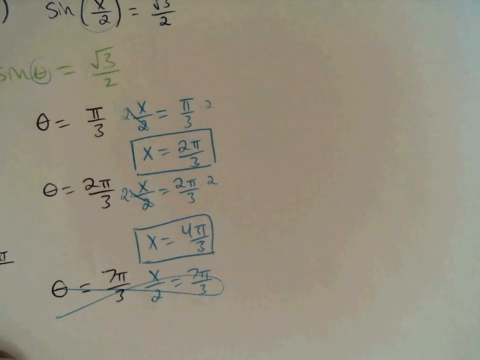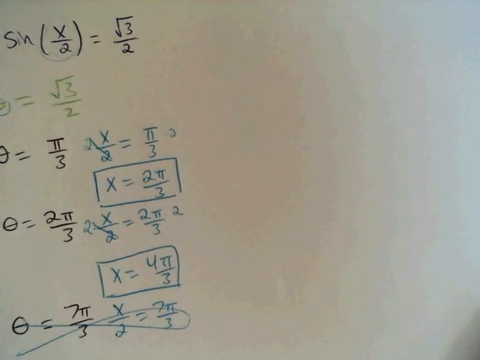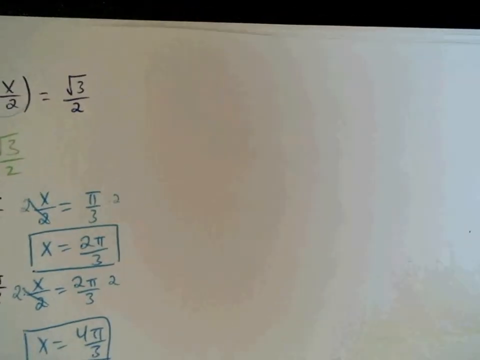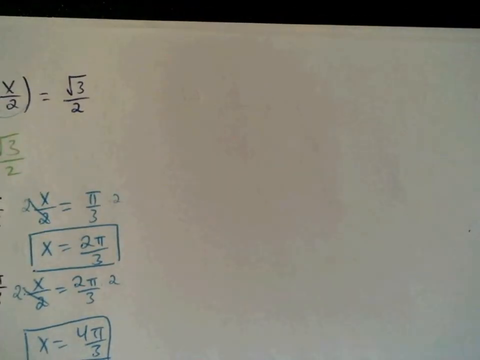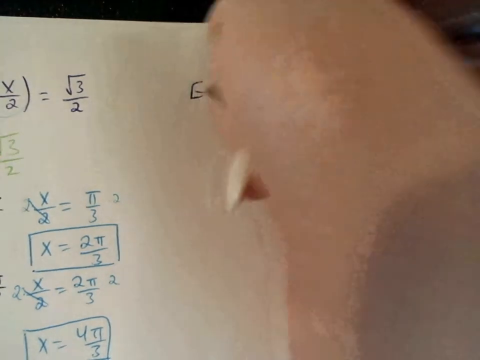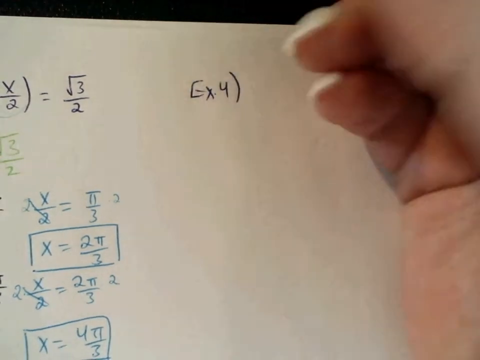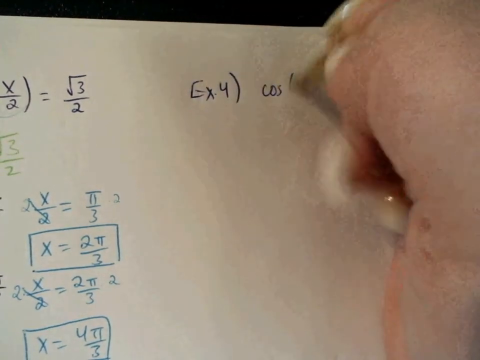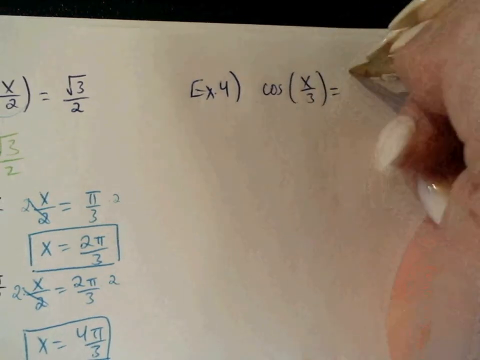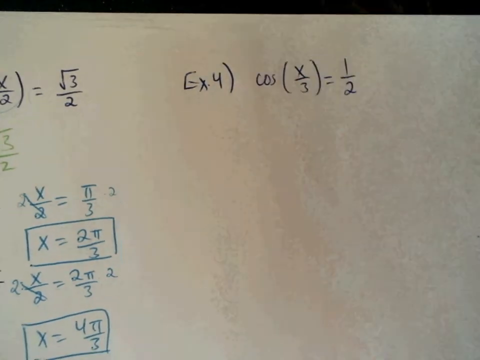Alright, let's look at this one. Find all the values of x on the interval from 0 to 2 pi such that cosine, so let's do another horizontal stretch. Cosine of x divided by 3 equals 1/2.